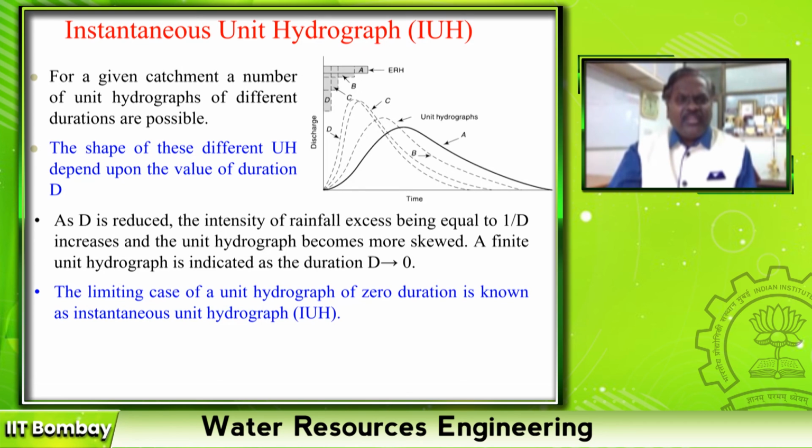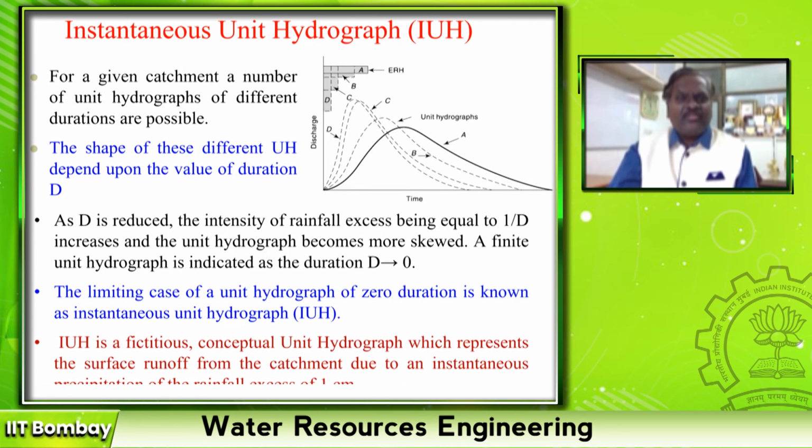The limiting case of unit hydrograph, 0 duration, is known as instantaneous unit hydrograph. By definition, instantaneous unit hydrograph is fictitious, or we can call this a conceptual unit hydrograph, which represents the surface runoff from the catchment due to instantaneous precipitation of rainfall excess of 1 centimeter. There is no duration here.